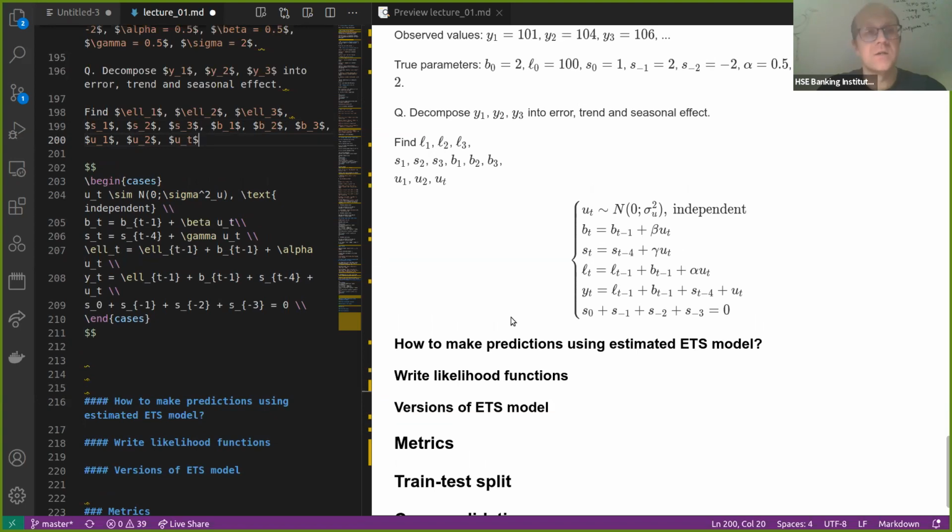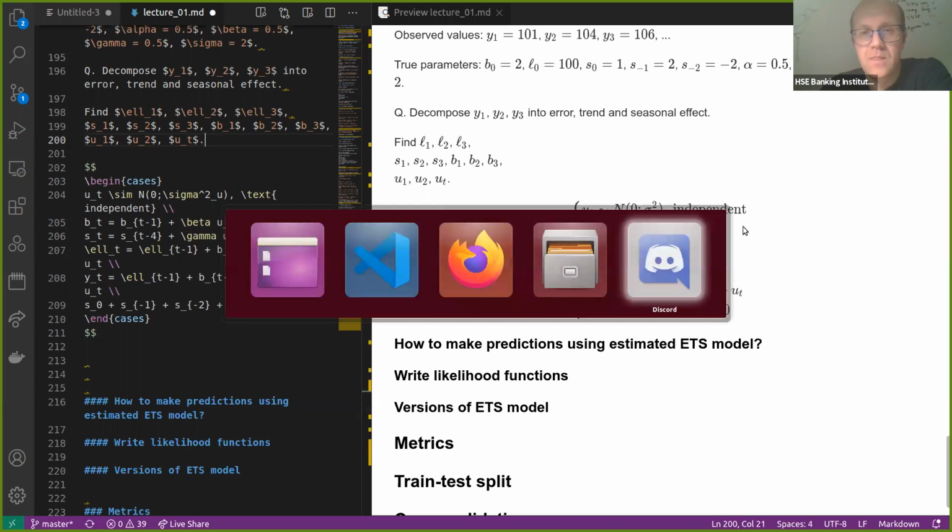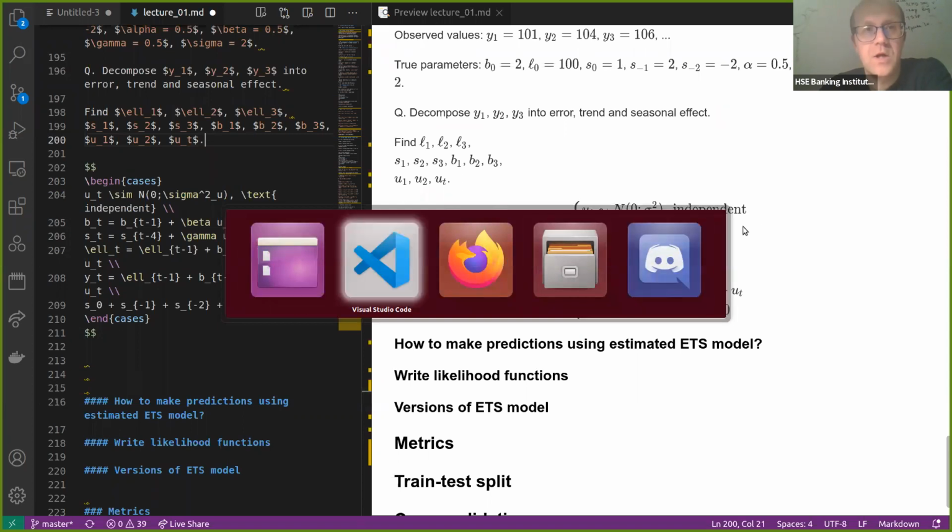So we will find the decomposition in real life because we don't know true parameters, but we have estimates of the parameters. So we have estimates of these effects. But in my case, for simplicity, to avoid writing all this hat, I will pretend that I know true parameters. Okay?